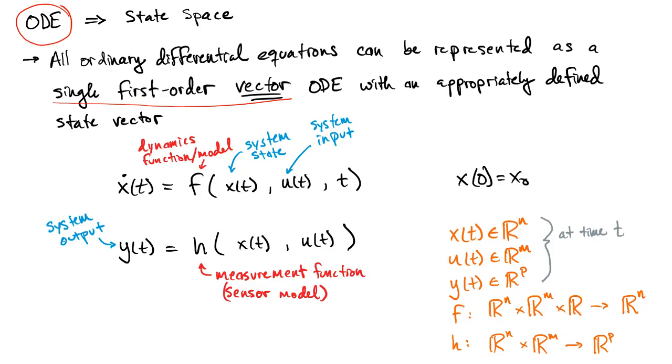But the idea is that by having a system of differential equations that are coupled together, we can represent that in vector format. And so we're going to collect all these states in a vector, and now this becomes first order, which means the highest order derivative is just one, and we just have one system of these equations.